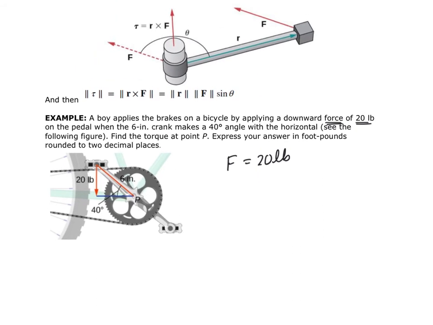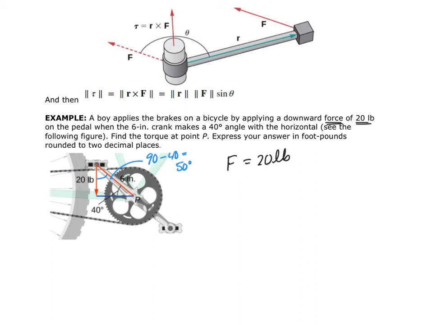Now, what I need is not the 40 degrees, I actually need this angle. That angle is going to be 90 minus 40, because we're assuming we're going to do a right triangle there. So that is my theta that I need.